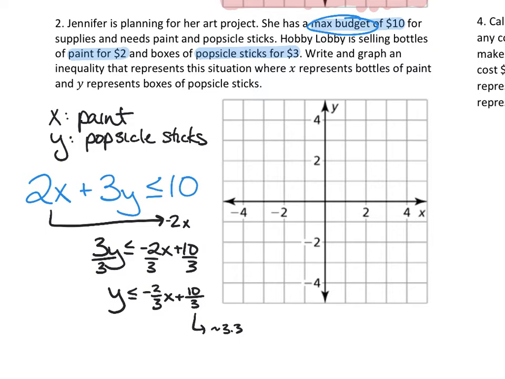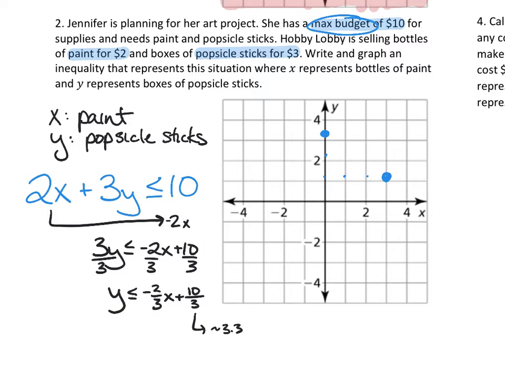Okay? So here we go. I'm going to plot a coordinate point at 3.3-ish, which is just a little bit above 3. And I'm going to hop down 2 and over 3. There's a good estimation of what this will look like. Now, we need to decide if this is going to be solid or dashed, above or below.